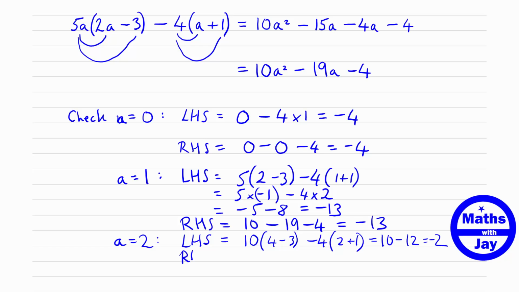And the right-hand side, so that's the answer of 10a squared minus 19a minus 4. That's going to be 10 times 2 squared, which is 40, minus 19 times 2, minus 4. So that's going to be 40 minus 38 minus 4. So that's 2 minus 4 is minus 2. So it's looking good.